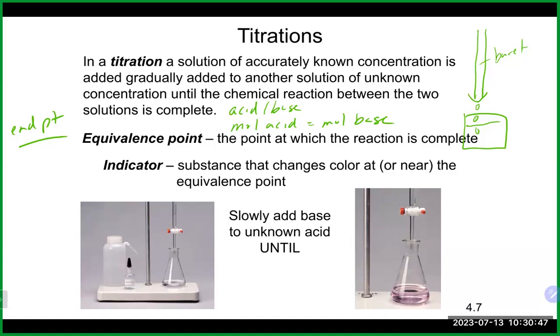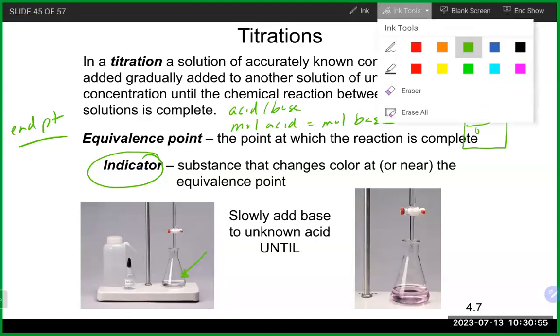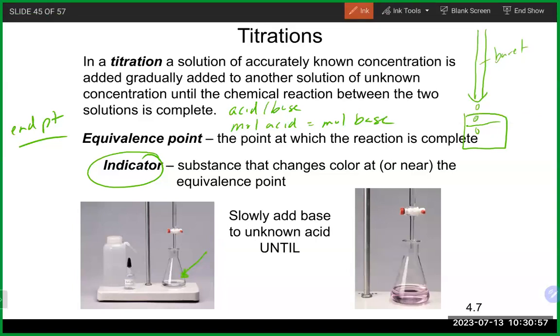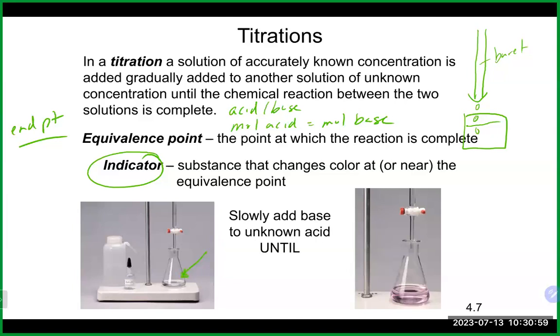How do we know when we should stop at the equivalence point? We usually will use an indicator when we do a titration. So the indicator is usually added to the flask or the beaker. And indicators usually work over a pH range. So for example, phenolphthalein, which is an indicator very commonly used, and we'll use it next week as well, is an indicator that works over a specific pH range of something like 8.3 to 10.